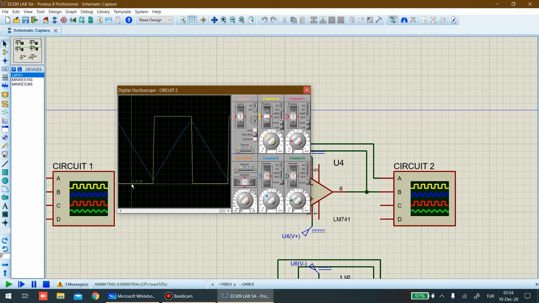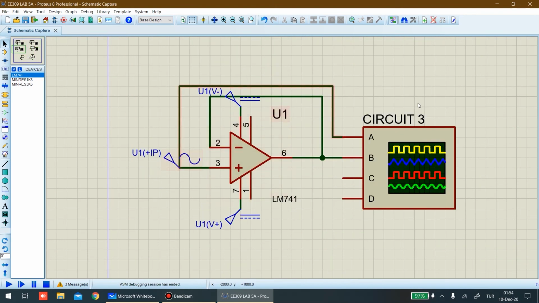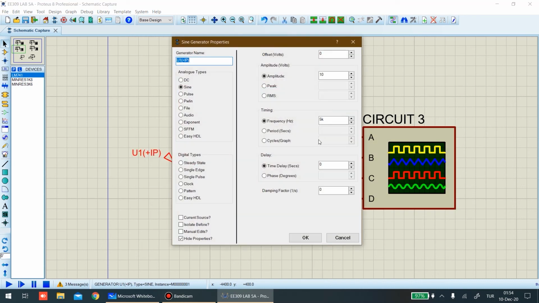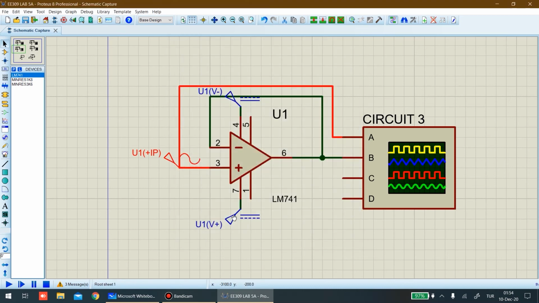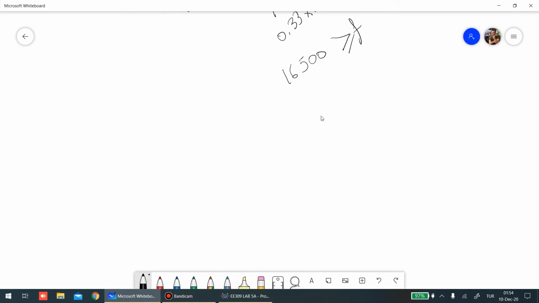So what about the sinusoidal signals? For circuit 3, we are applying a 5 kHz sinusoidal signal. Amplitude is 10. Here's the formula for the sinusoidal signals.